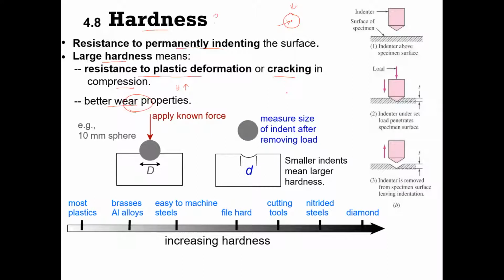The question is, how do we measure the hardness of a material? We do a quantitative measurement, using a special indenter with a specific dimension and a specific amount of load.